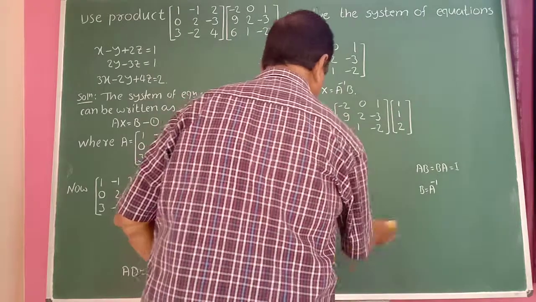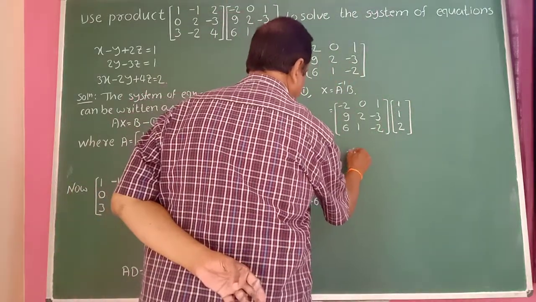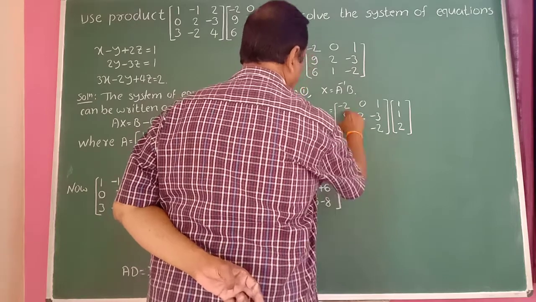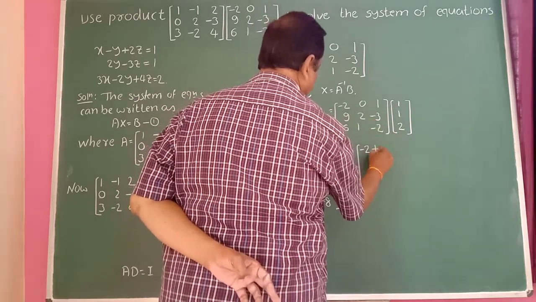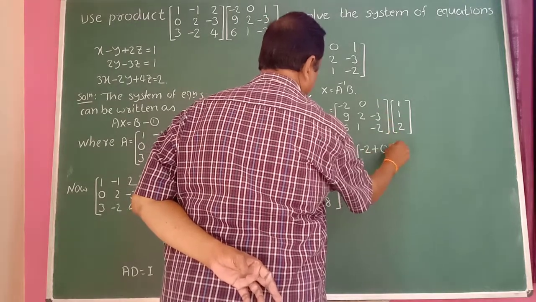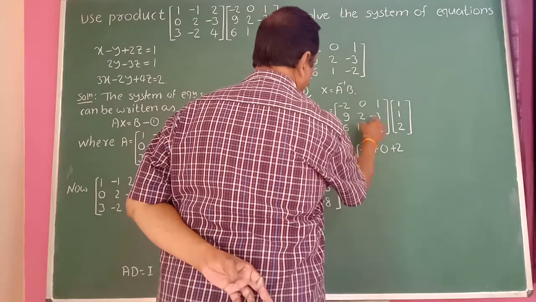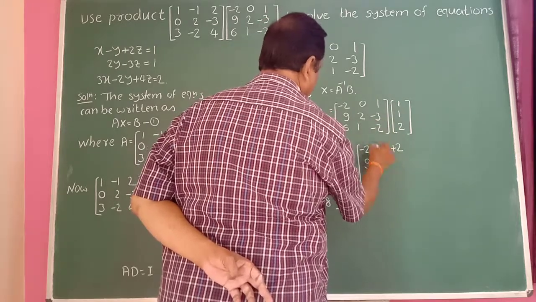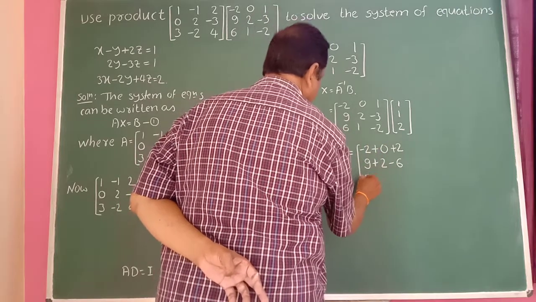Okay. Then multiply row in the column here. So this is equal to 2 1s are 2 here, minus of 2. 0 and 1 becomes 0. 2 1s are 2 here, plus 2. 9 1s are 9. 2 1s are 2, plus 2 here. 3 2s are 6, minus of 6. 6 1s are 6.